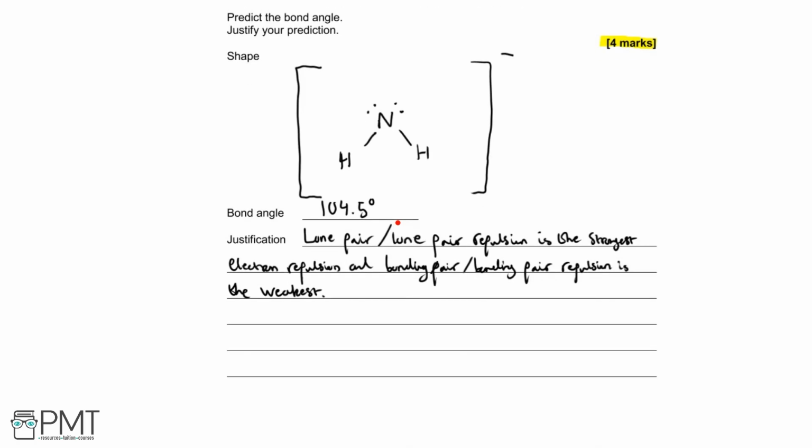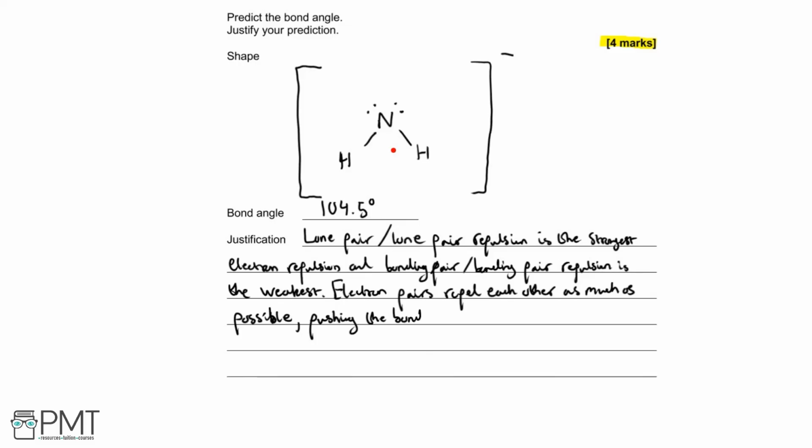Now, what this means is that the electron pairs all repel each other. They all repel each other as much as possible. However, the repulsion between the lone pairs is greater than the repulsion between the bonding pairs. So that means that this repulsion overpowers the repulsion between these bonding pairs, which causes the bonding pairs to be pushed closer together.